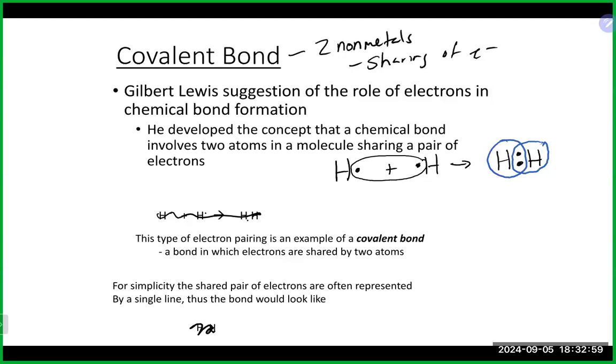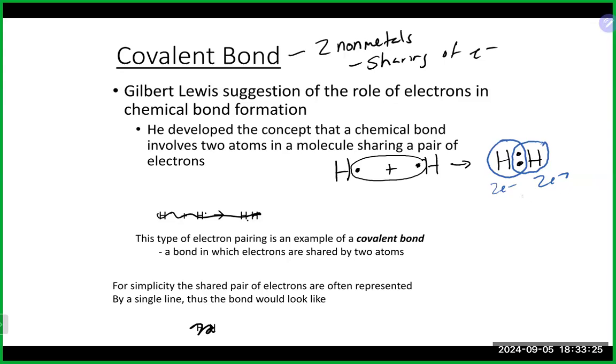So those two electrons would be shared. That would give the hydrogen on the left technically 2 electrons, and that would give the hydrogen on the right also 2 electrons. And as I mentioned before, hydrogen just needs to go over to helium, right? And helium is number 2 on the periodic table, and that is a noble gas as well. So that's going to make it a very happy bond right there.